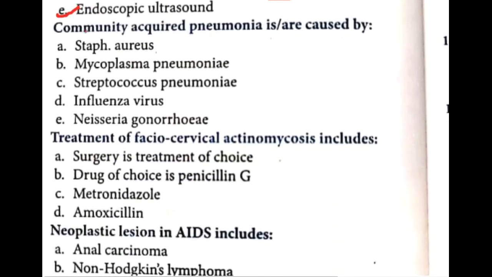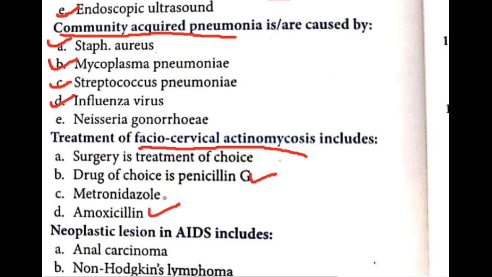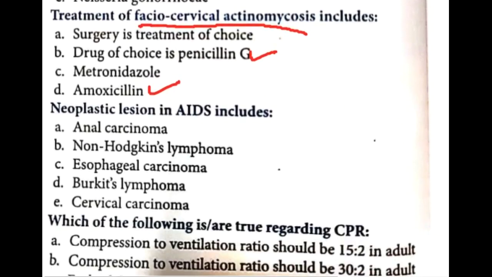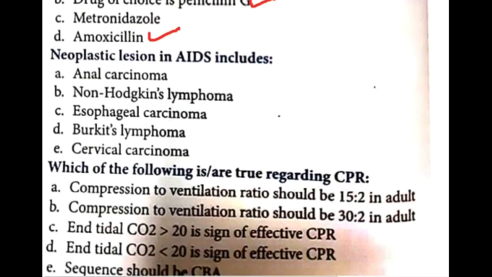Community acquired pneumonia is caused by Staphylococcus aureus, Mycoplasma pneumoniae, and Streptococcus pneumoniae. Next question. Treatment of faciocervical actinomycosis: you can give penicillin G as the drug of choice, and even amoxicillin can be used for treating faciocervical actinomycosis.